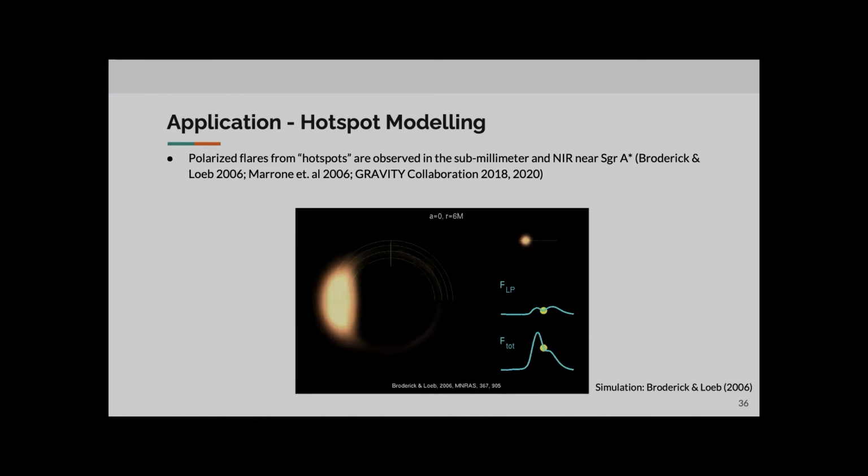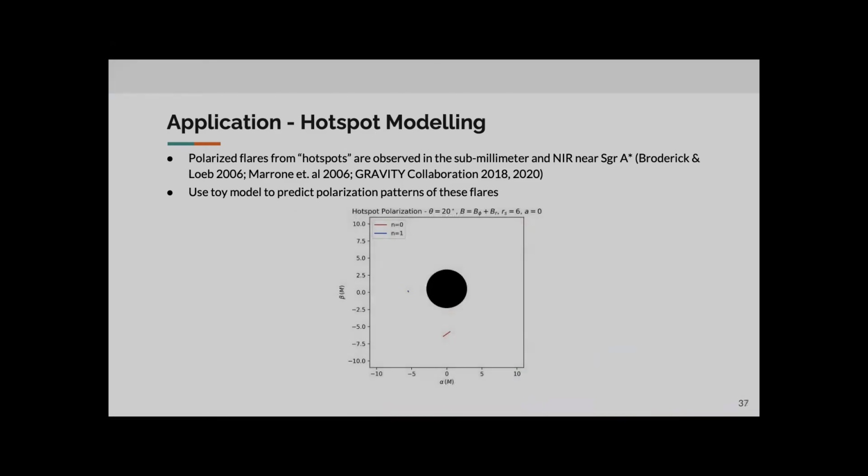And using our toy model, we can repeat a similar analysis and use our toy model to predict the polarization patterns of these flares simply by treating the hotspots as point-like emitters in the equatorial plane. And when we do that, we're able to get a very intuitive picture for what the polarized appearance of these hotspots look like.